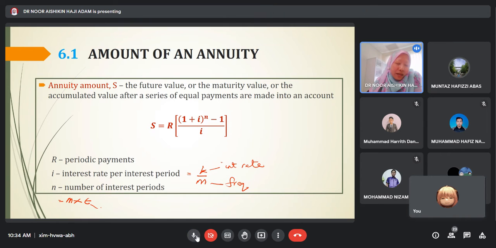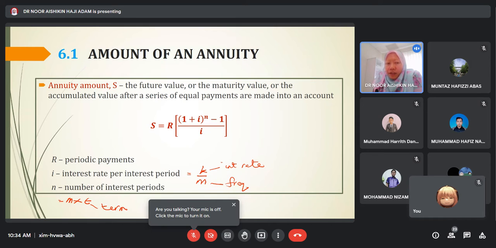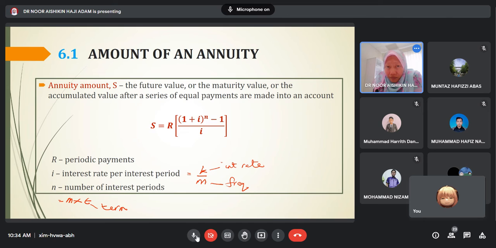Term. Could be in years, could be in months. Kita tengoklah. M times T. All right. Any questions so far? Do you have any question? Faham? Faham tak? Faham.